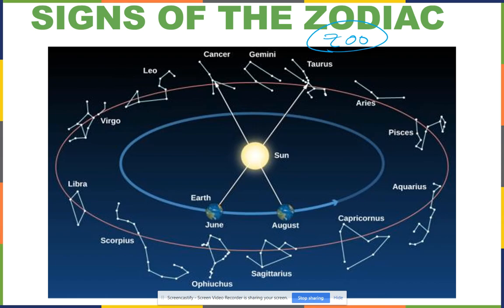And so, different times of year, as viewed from the Earth, we see the sun in different constellations. So, for instance, on the day I was born, the Earth was over here. And so where do we see the sun? It was in the middle of Libra. So what sign of the zodiac am I?